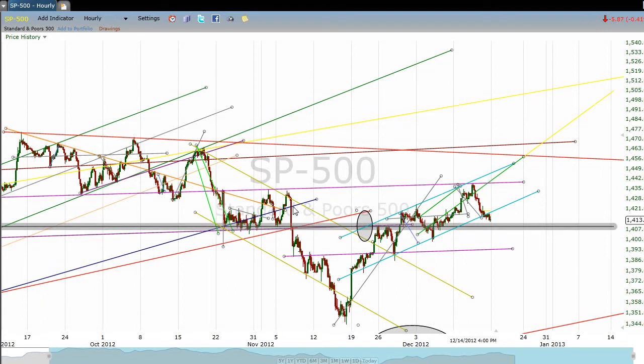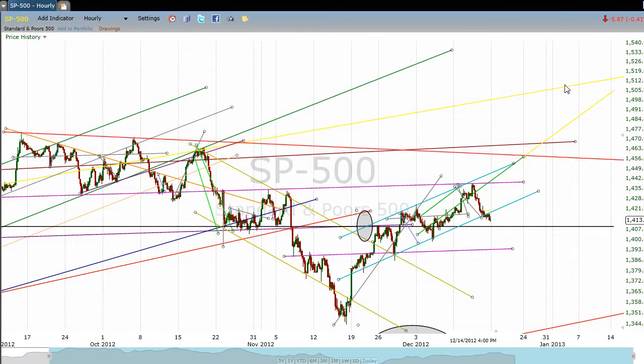Tried the first week of November. Tried again and could not get over this line. We came down, encountered some panic selling here, it looks like, with short-term capitulation. Then the market rallied, got up over this channel, pulled back to it, and now started to trek back up.